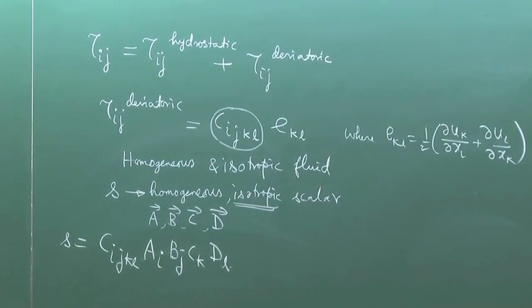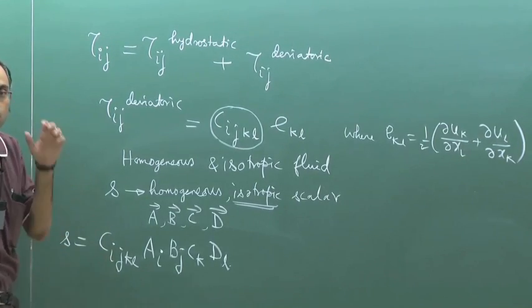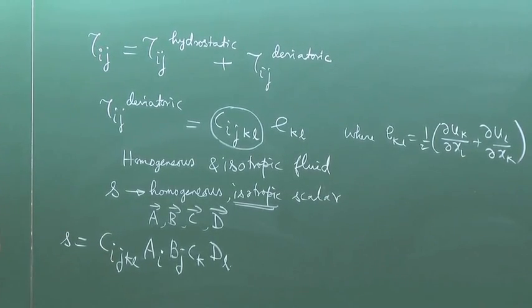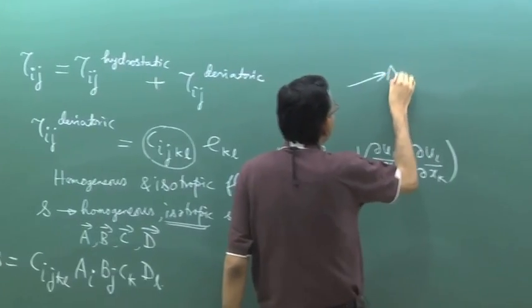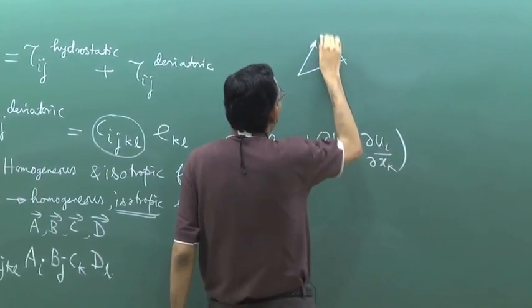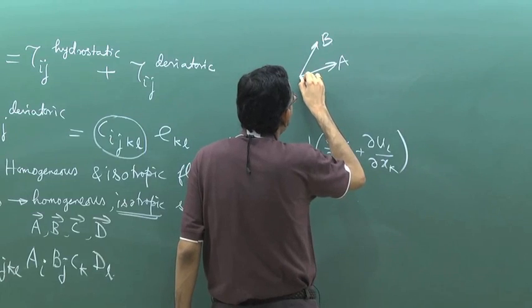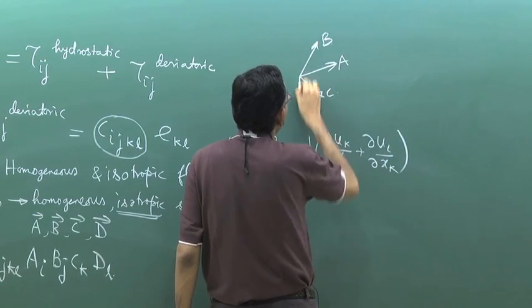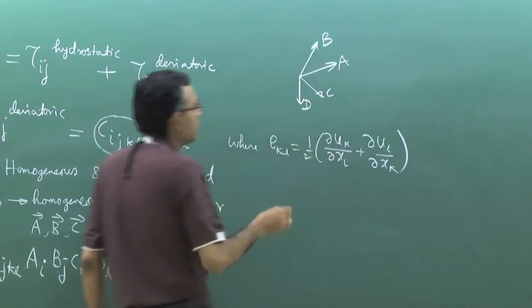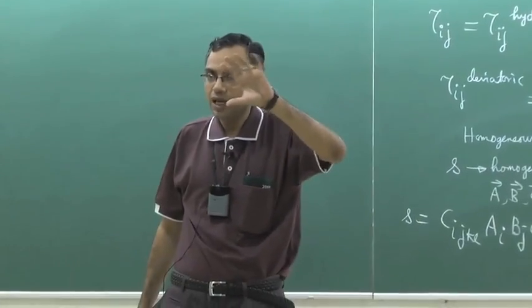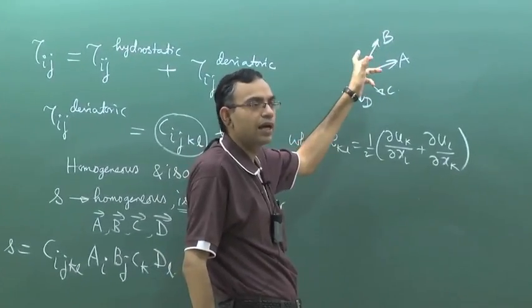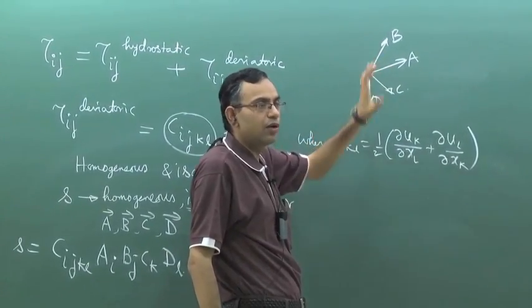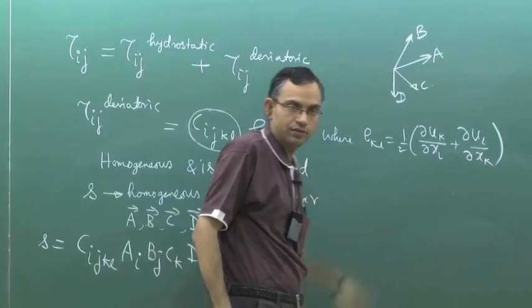So an isotropic scalar means, what is important? Let us say you have vectors A, B, C, D. When you have isotropic behavior, it means that if you rotate this vector system by some angle, there will be no change in the property description.